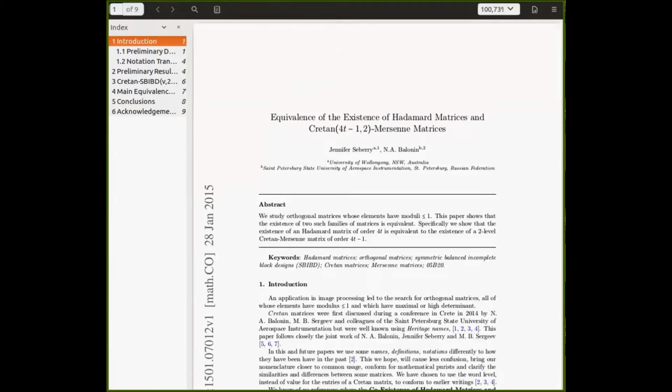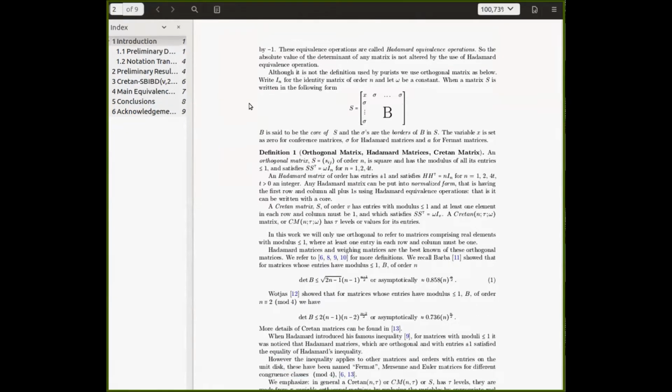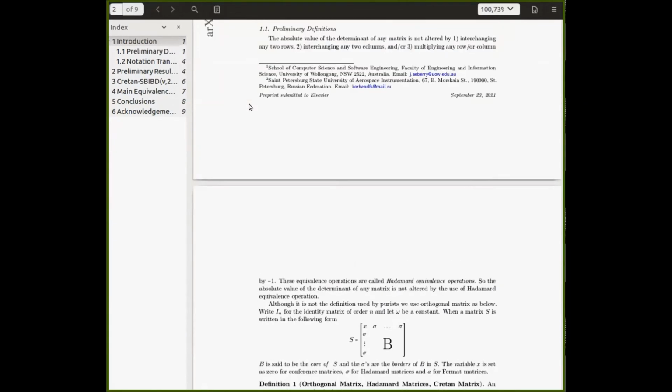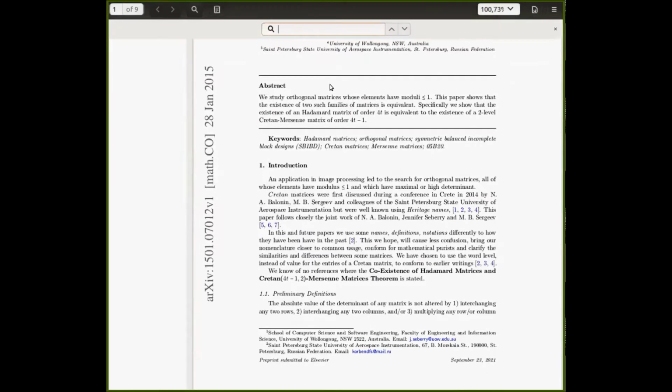So what we're doing is we're looking at these matrices. And what we're going to show is that every Hadamard matrix is equivalent to a Cretan matrix with 2 levels.